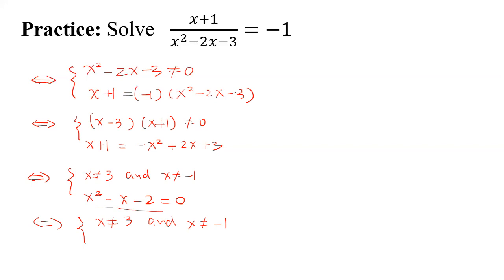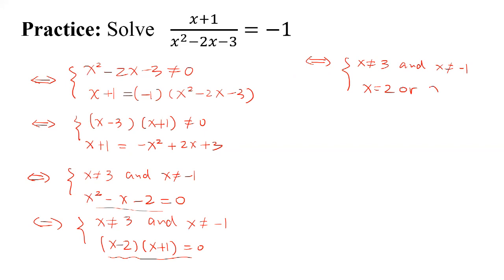And then let's factor this expression here to x minus 3, x plus 1. This is 0, right? And this is equivalent to x cannot be 3, x cannot be -1. And the roots of the second equation are x equals 2 or x equals -1, right? And if we consider all of the conditions here, this is probably a possible solution, right? And this is another possible solution.